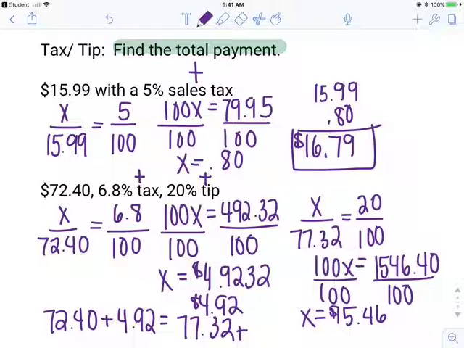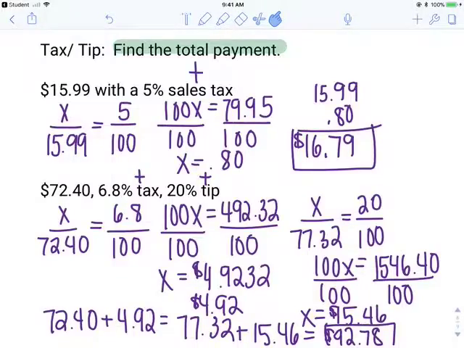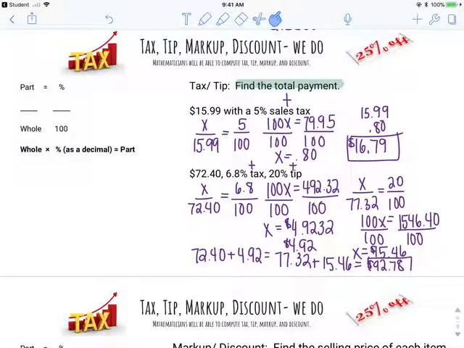And then I have to add that back on to 77.32. So I take 77.32 plus 15.46, and I get 92.78 as my final bill. It's a lot of work, so I'm just going to leave that on the screen for a few seconds. Hopefully you're taking the time to really look through and make sure you understand these things. Obviously the notes will be online, so you can go back and watch anything if I went too fast.